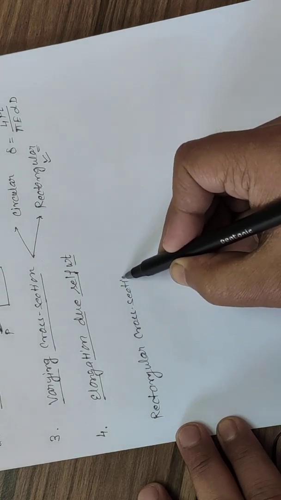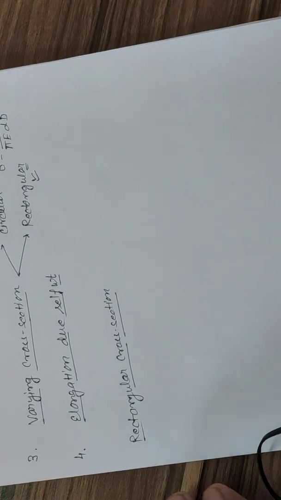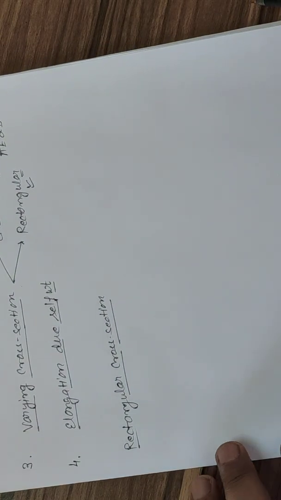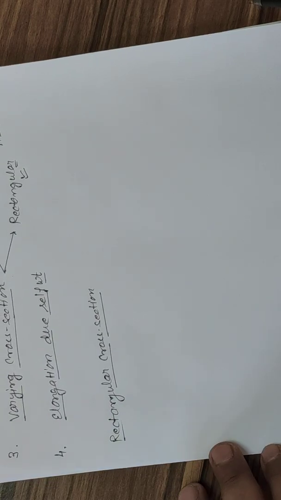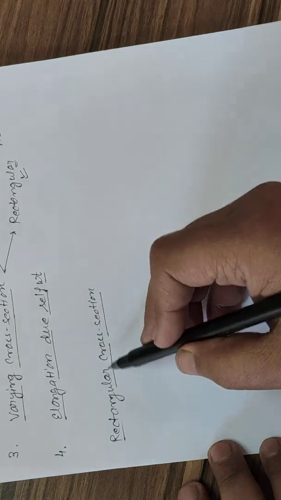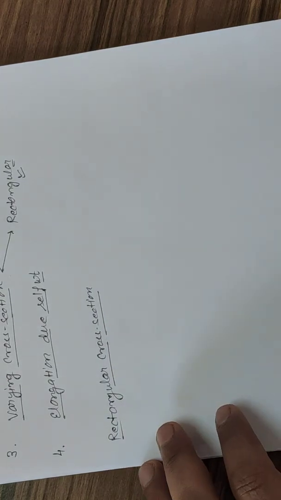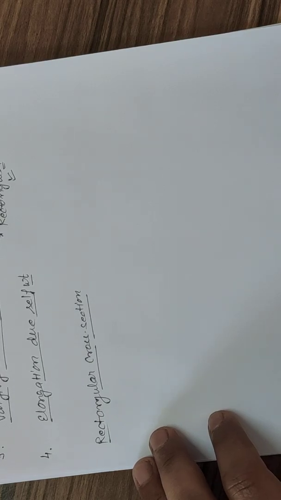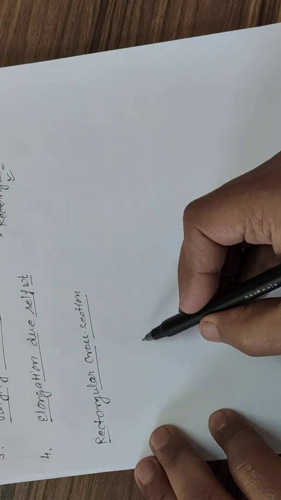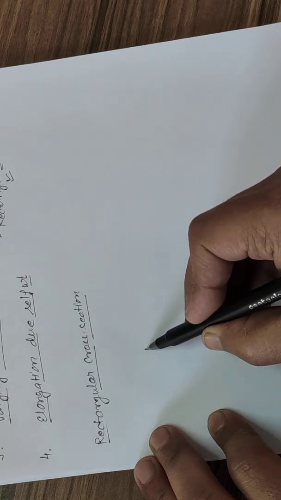Rectangular cross section means we have a member whose cross sectional area is rectangular, and there is variation in the cross sectional area. At the smaller end we will have a smaller cross section, and at the larger end a larger one. So we are going to draw, watch carefully.